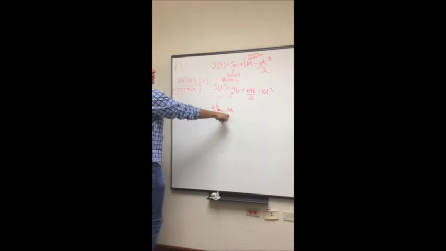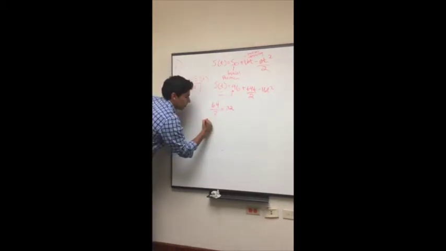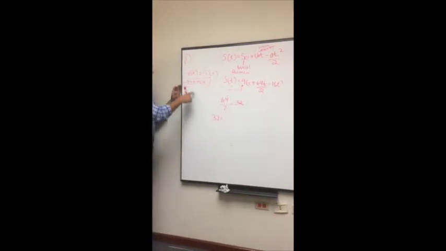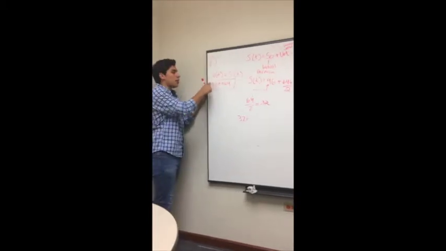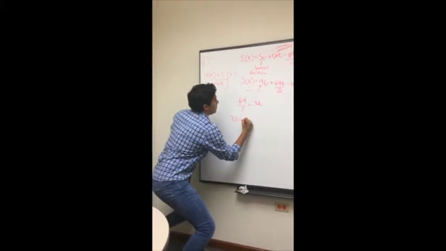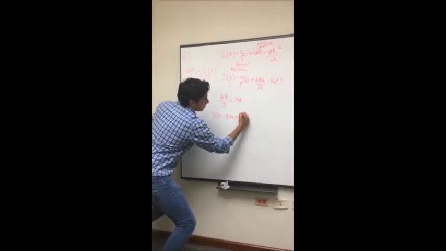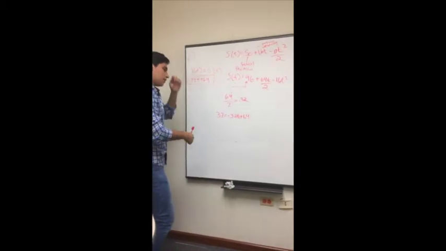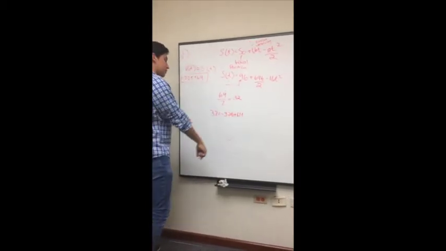Now we replace the 32 into the velocity formula: 32 = -32t + 64.